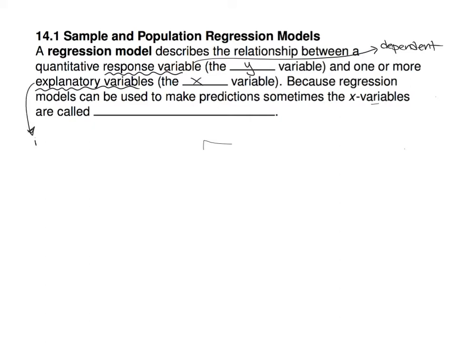Most books call that the independent variable. And because regression models can be used to make predictions, sometimes the x variables are called the predictors.